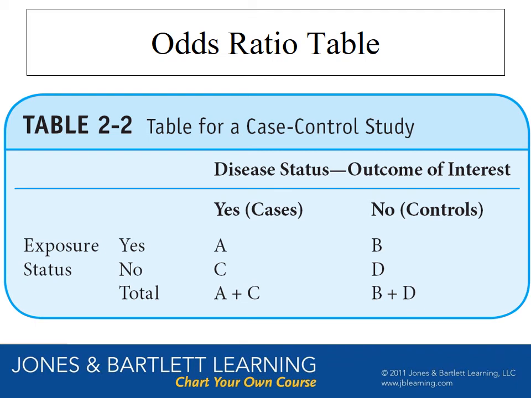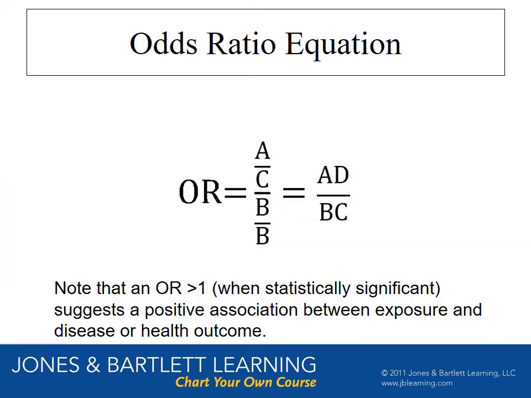B are all the people that were exposed and did not have disease. C are all the people that were ill but not exposed. And D are all the people that were not ill and not exposed. We calculate an odds ratio as A times D over B times C. An odds ratio greater than 1 suggests a positive association between the exposure and the disease or health outcome.